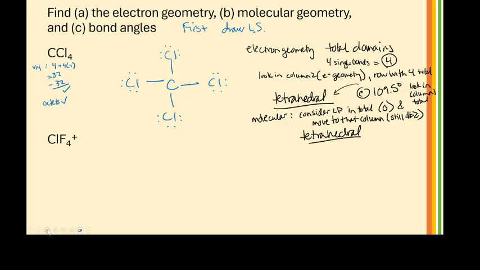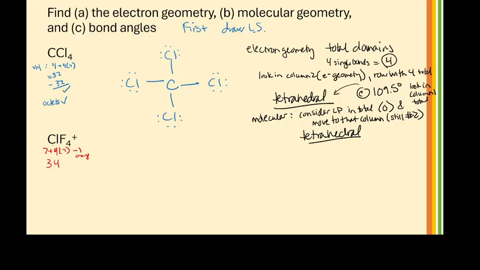All right, the second one, I first have to draw my structure. No, I have to consider the lack of electron in this case. So valence is 7 plus 4 times 7 minus 1 for the charge. Let me do this on a calculator, I don't trust my math in my head. 7 plus 28 minus 1 is 34.